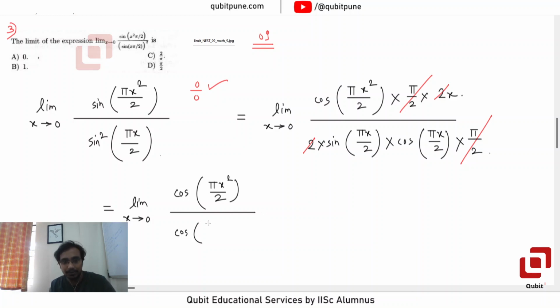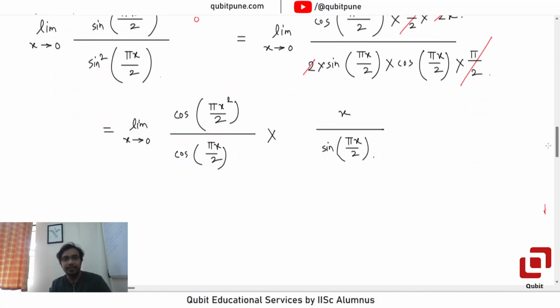So that won't be a problem. Now what is left? In the numerator x is remaining, and in the denominator sine of pi x by 2 is remaining. I think I'm not missing anything here. Cos of pi x squared by 2 is there, cos pi x by 2 covered, x covered, sine pi x by 2. Okay, good.